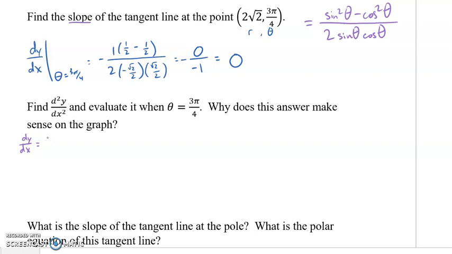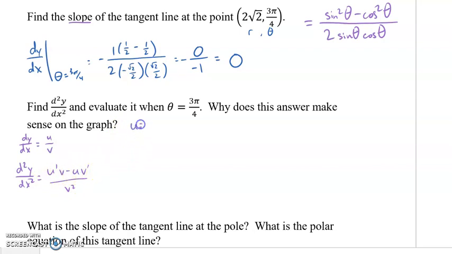If dy dx equals u over v, then d squared y dx squared is going to be u prime v minus u v prime over v squared. So this is going to get pretty messy. I think it might be best if we actually figure out these pieces separately.